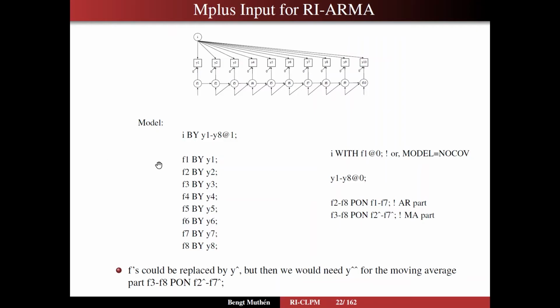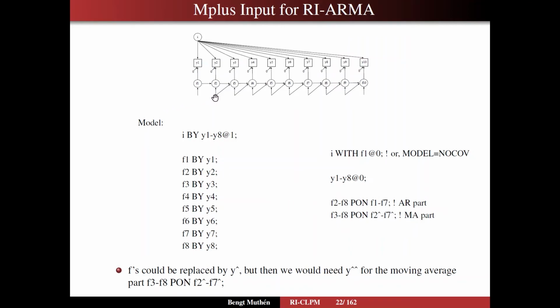Sawtooth style. So we create all of these 8 factors f, and then we say that the measurement error variances are 0, and then we do a regression f2 on f1, etc., up to f8 on f7, which is the autoregressive part, and then also f3 on f2 hat, which is the moving average part, up to f8 on f7 hat.